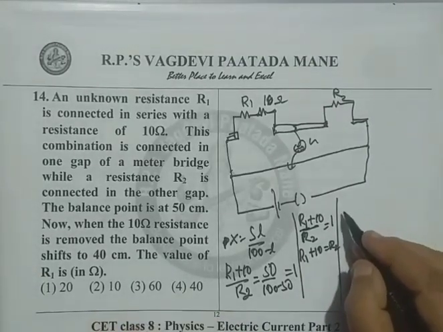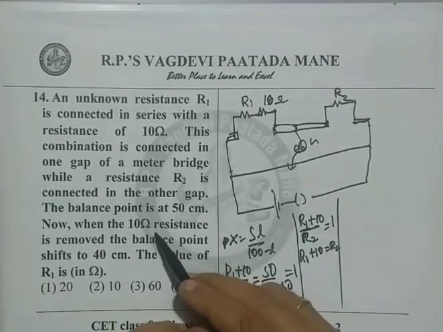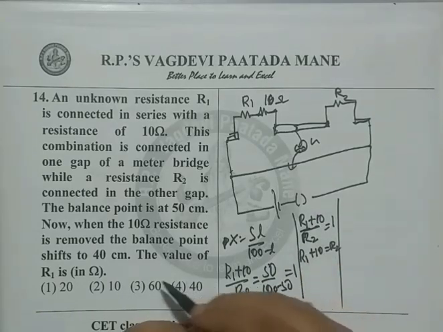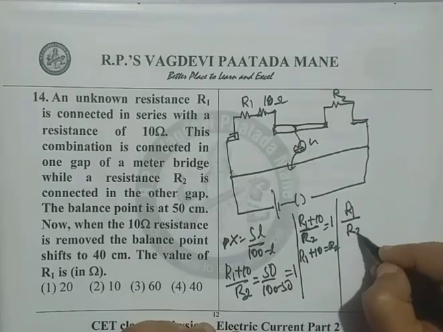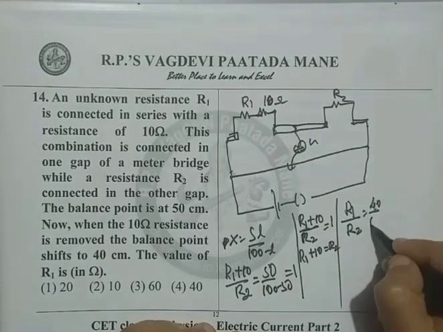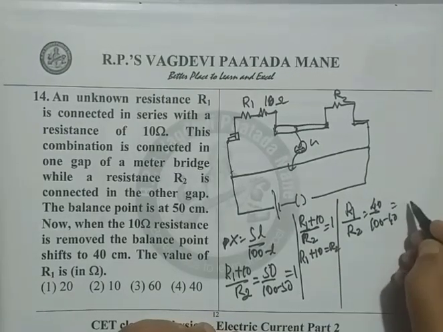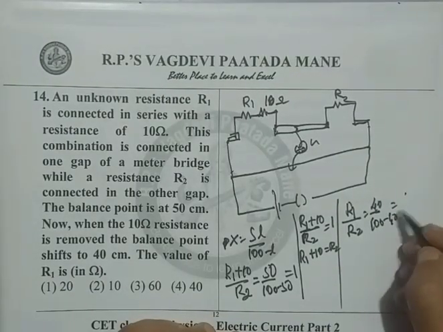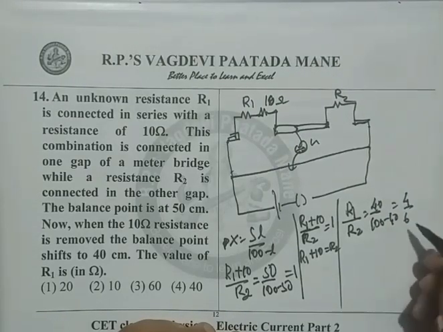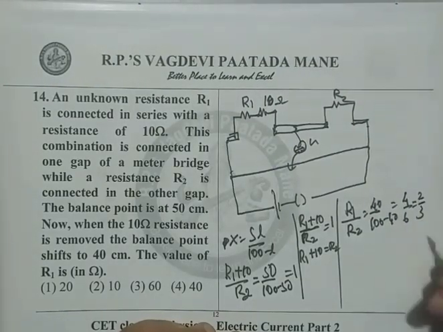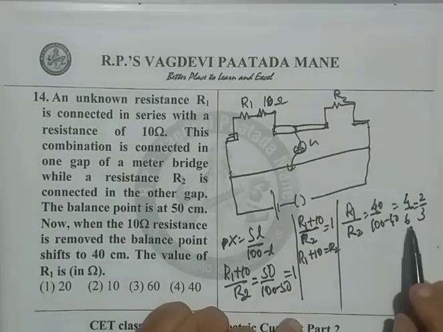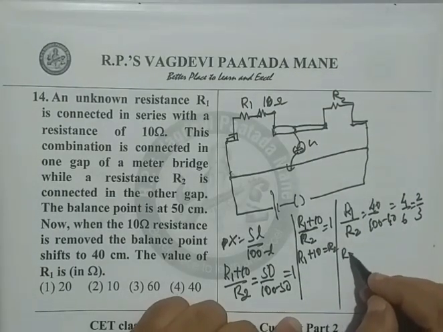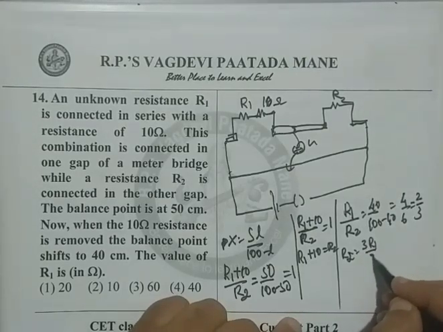Now, going for second one, when 10 ohm resistance is removed, the balance point shifts to 40. That means R1 only is there, R1 by R2 will be 40 by 100 minus 40, which amounts to 4 by 6 or 2 by 3. R1 by R2 is 2 by 3. We are asked to calculate R1 value. We can simply substitute for R2 from this. R2 equals 3R1 by 2.